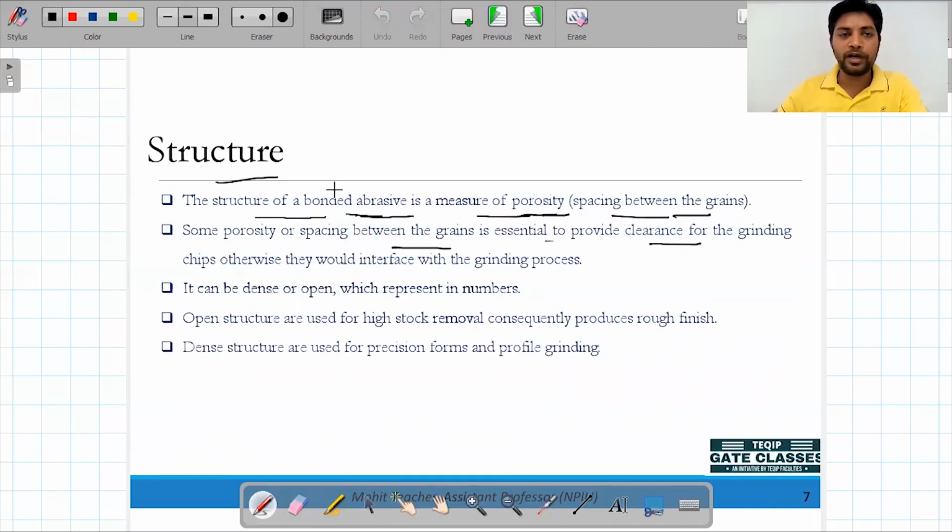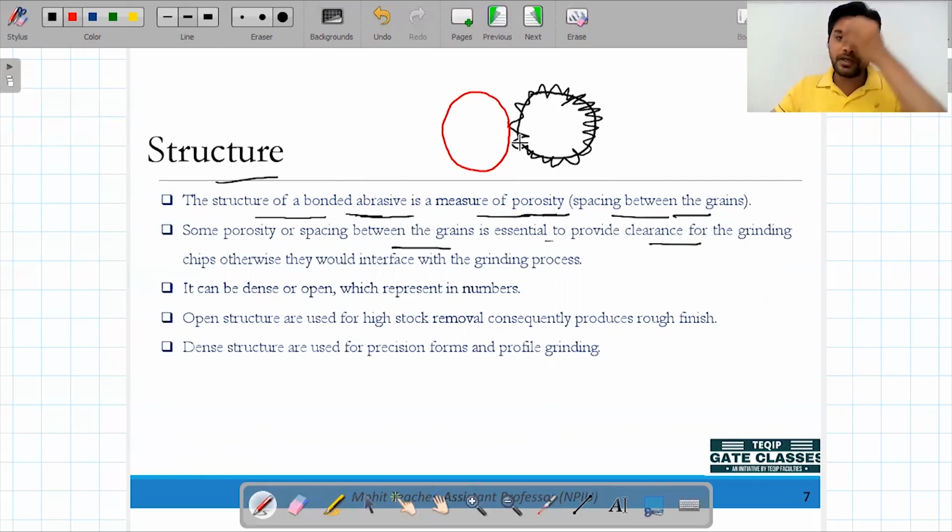Where it is important: if I take this one, these are the abrasive grains, and this is the workpiece which comes in contact.